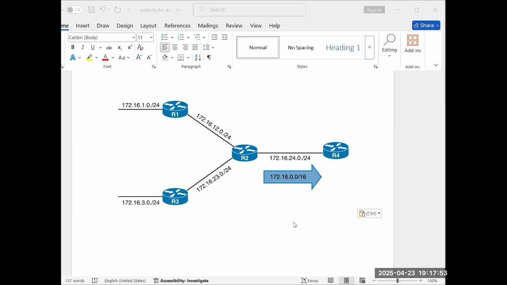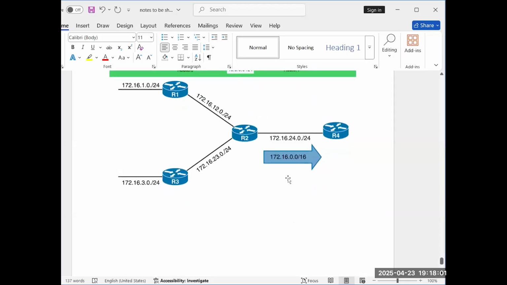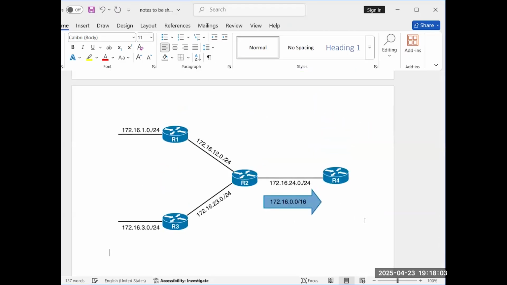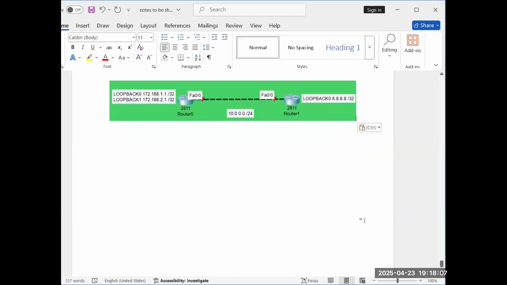Okay, I'll give another simple example. This is again a simple example for route summarization.